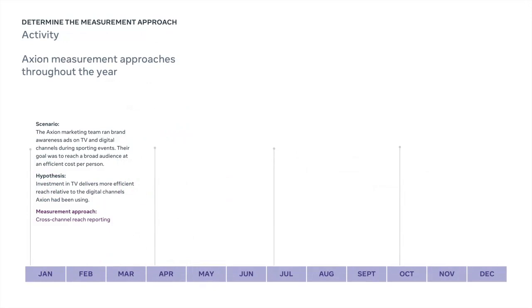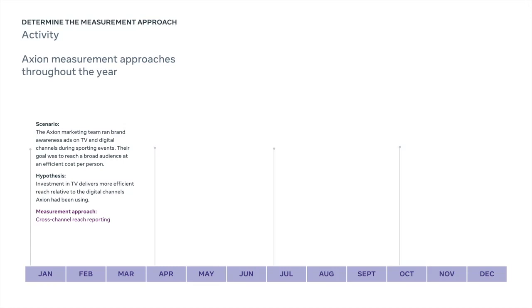The Axiom team implemented multiple measurement solutions last year. As we discuss the different scenarios Axiom encountered throughout the year, I want you to think on your own about which measurement approaches they used. Here's the first scenario. The Axiom marketing team ran brand awareness ads on TV and digital channels during sporting events.